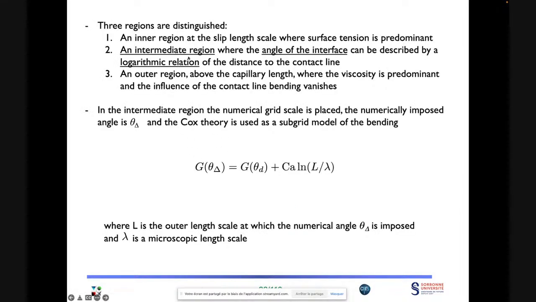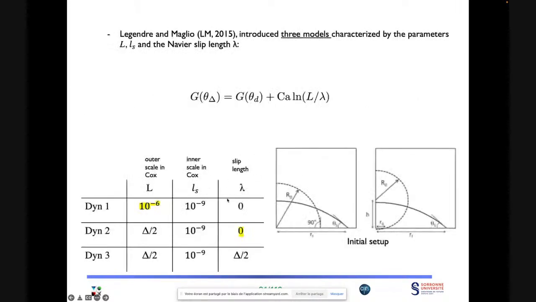We distinguish three regions: an inner region, an intermediate region, and an outer region. In the intermediate region, we have the grid scale, and we implement a numerical contact angle at the grid scale, theta delta, which is given by the Cox theory using this equation.